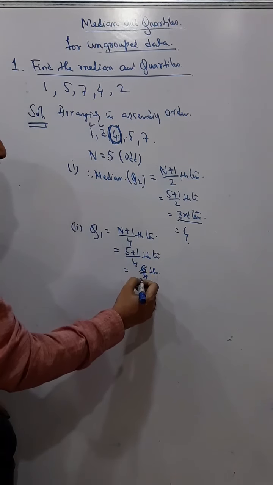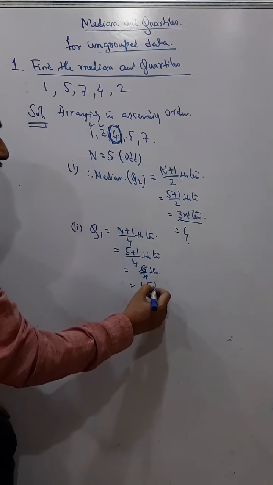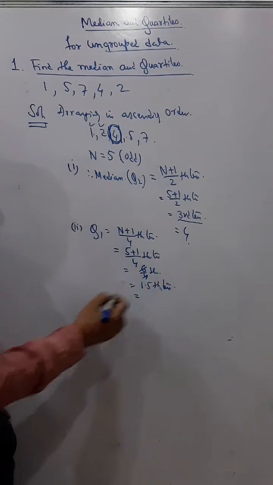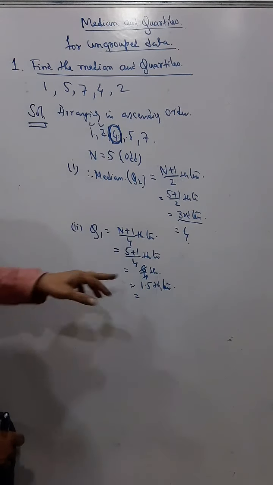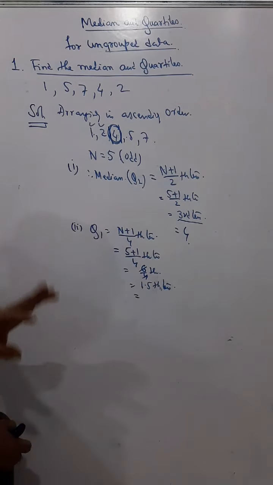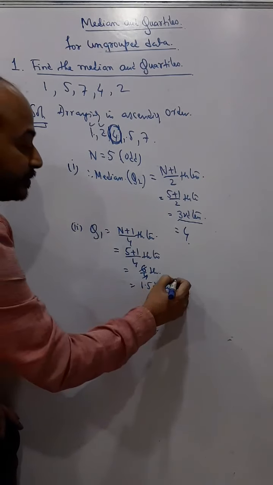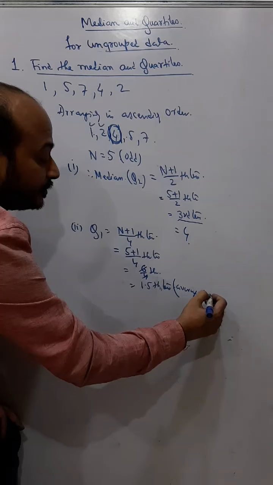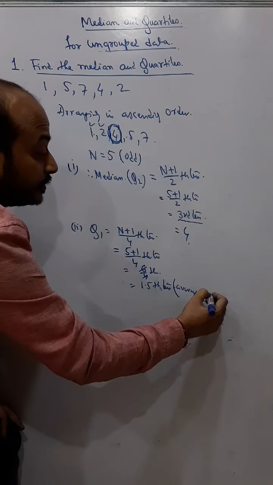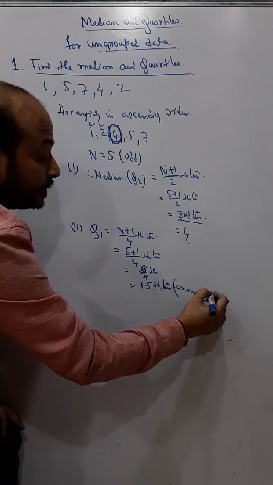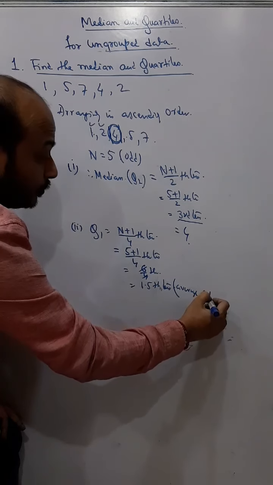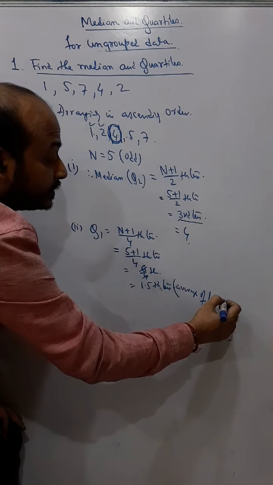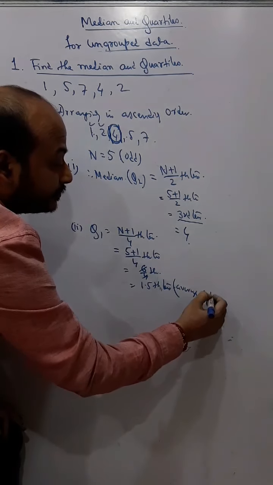So 3 by 2 means I am getting the 1.5th term. Try to understand the meaning of the 1.5th term: it actually means the average of the first and second terms.